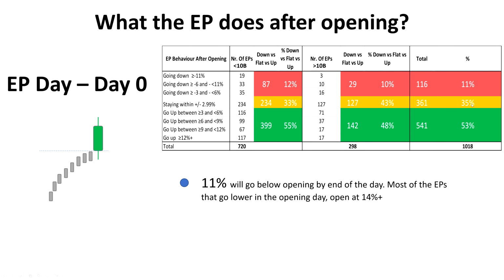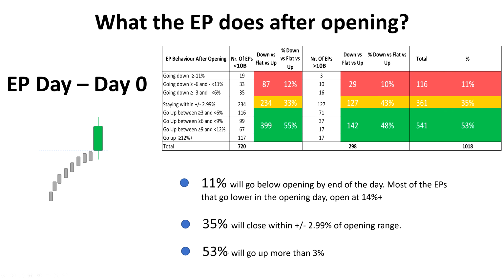A lot of EPs stay within a range, so 35% will close within plus or minus 3% of the opening range. They could go up, but then still get back and close at around 3% of the opening. And a significant amount of them, more than half, will go up more than 3%.